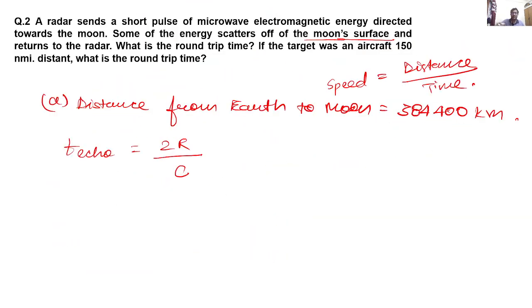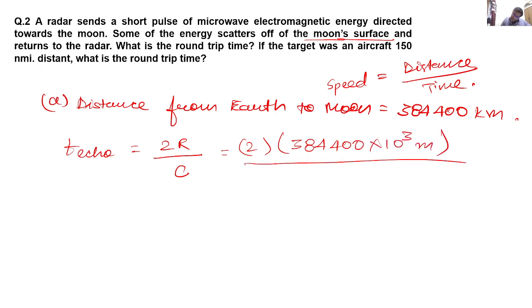That is why it is twice the distance. So let's find it out. 2 times 384,400 kilometers, we need to convert it into meters, by C. C is 3 into 10 power 8 meters per second. So we get the time as 2.5627 seconds. Okay.